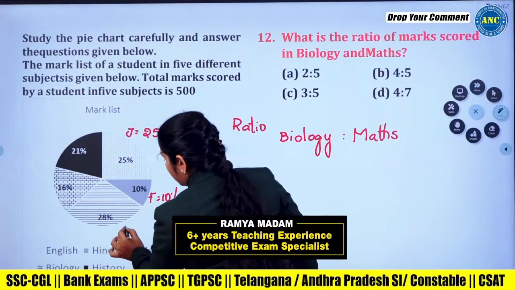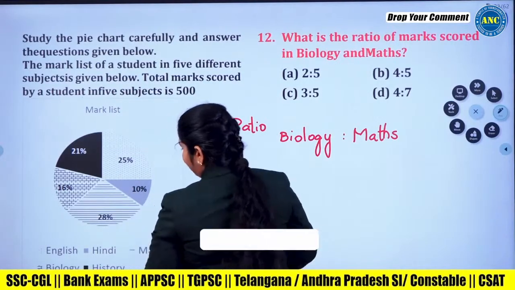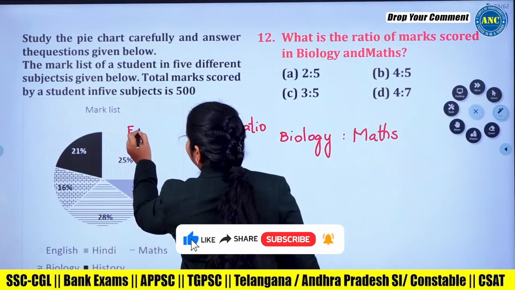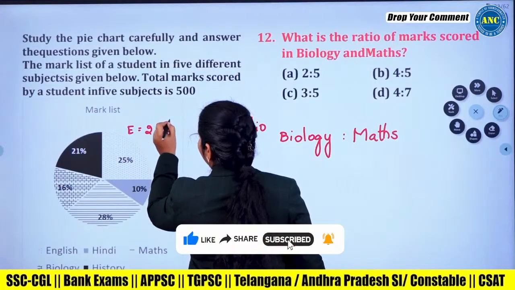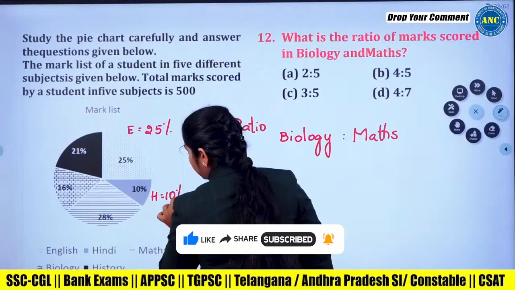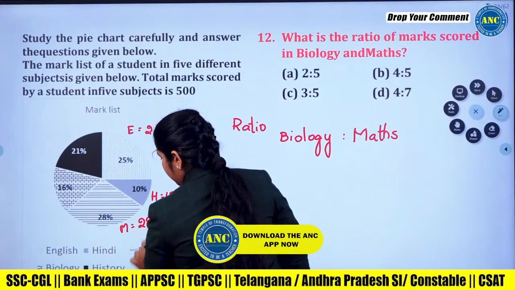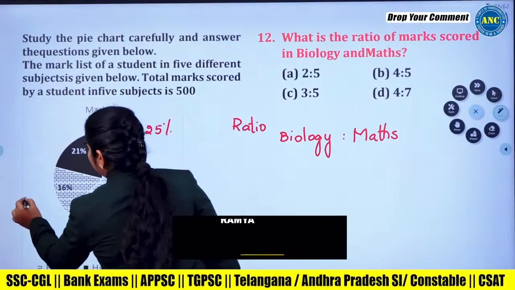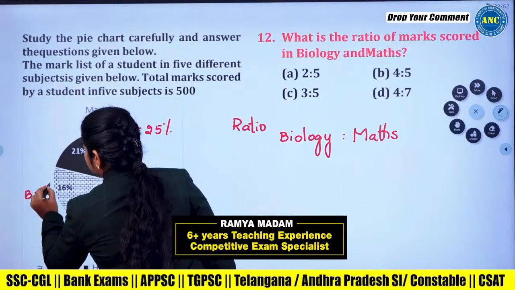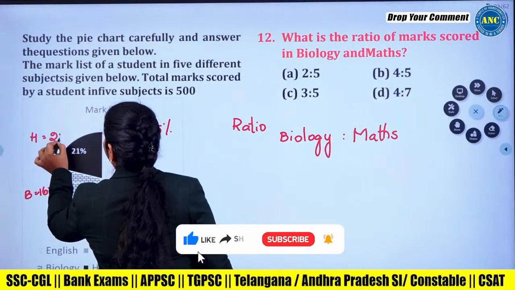English is 25%. After English, it's Hindi, 10%. Maths, it's 28%. Then it's biology, 16%, and history, 21%. Fine.